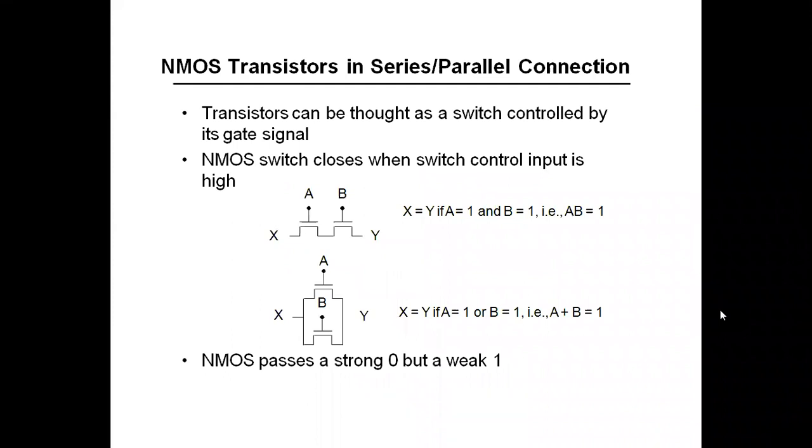Then we discussed what happens when we connect NMOS transistors in series or parallel. NMOS in series forms the AND operation, A dot B equal to 1. When connected in parallel, it is an OR operation.